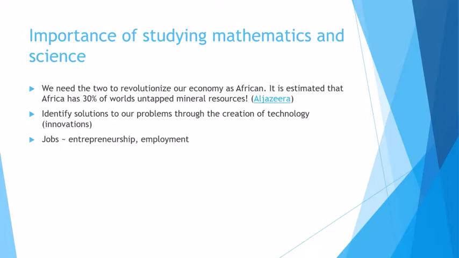Mathematics and science go hand in hand to bring in technology, so that through identifying solutions to problems, you become entrepreneurs. Through entrepreneurship, you create employment, and therefore you create jobs for the people.